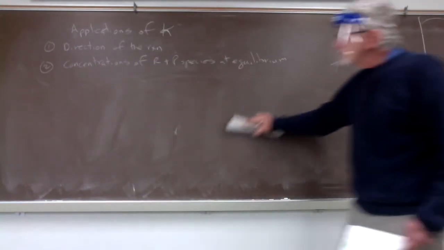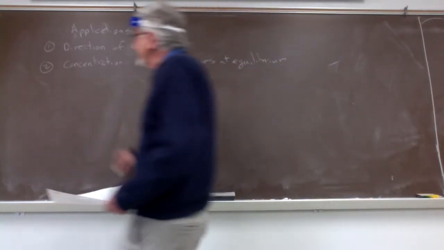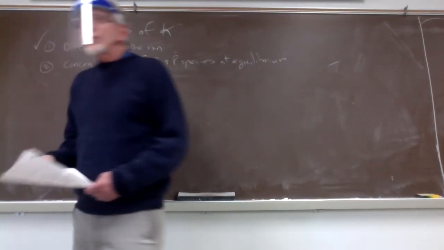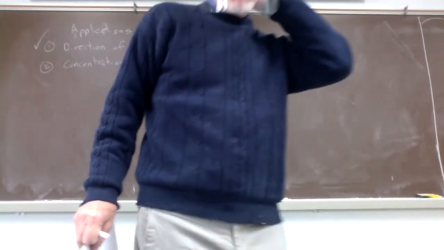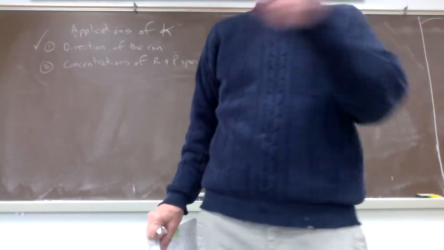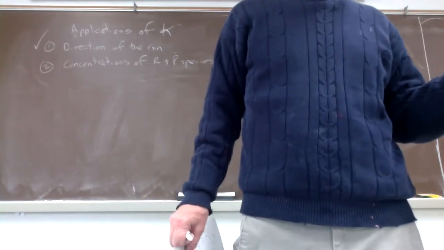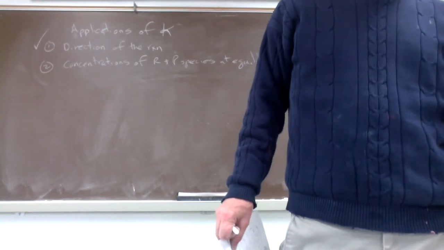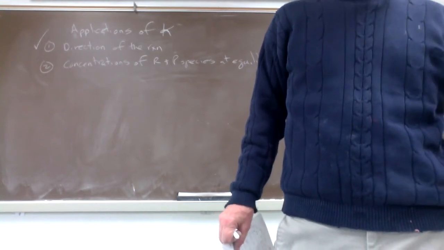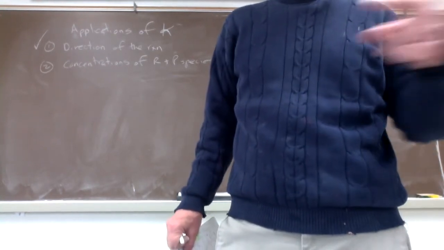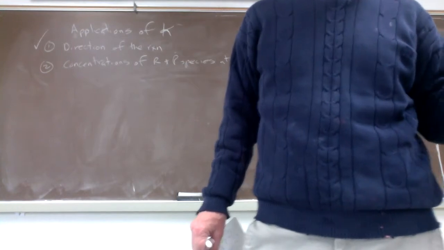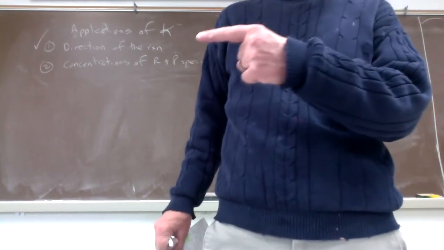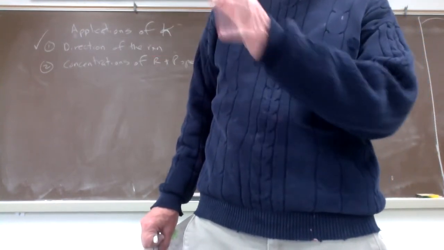So number one, the direction of a reaction. In order to use the equilibrium constant to predict which direction a reaction will have to go to get to equilibrium. And remember that statement earlier today? A chemical reaction, any reaction always goes in the same direction. It'll always go in the direction towards its equilibrium position, right?